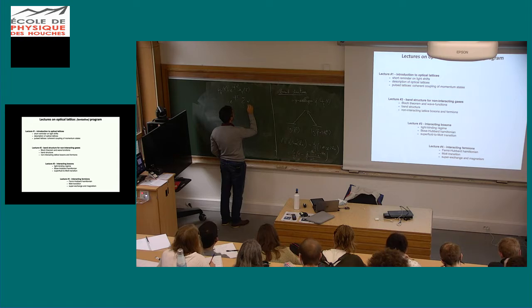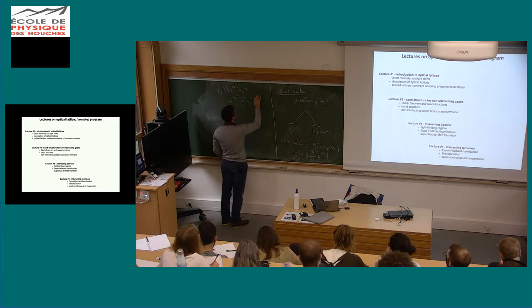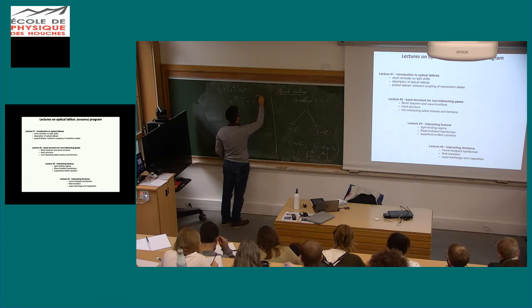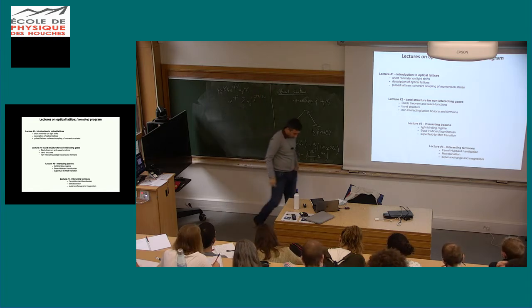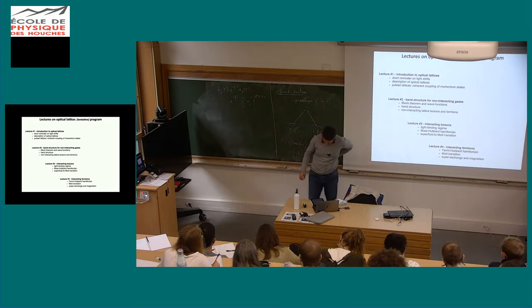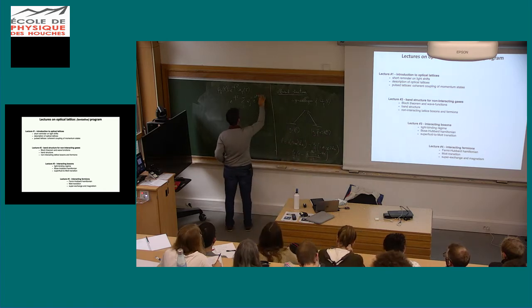I call this alpha_j, and I drop the factor e^{2πi}.